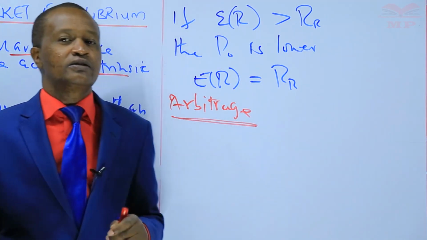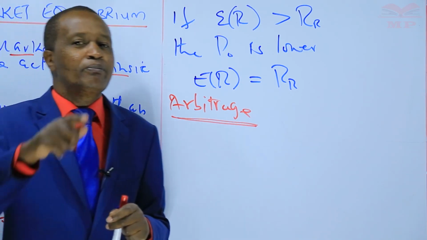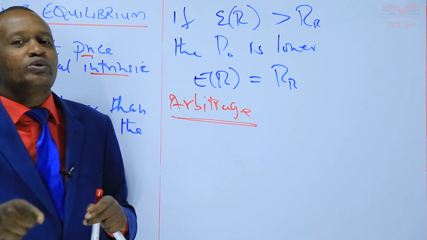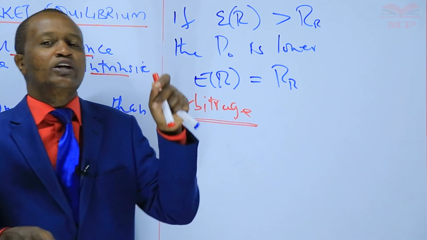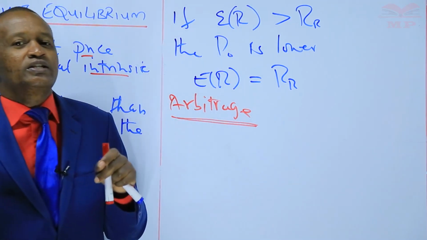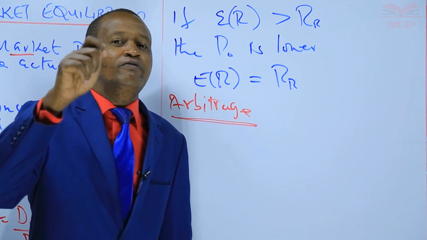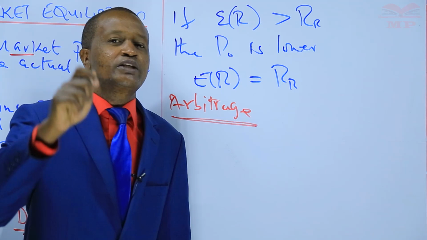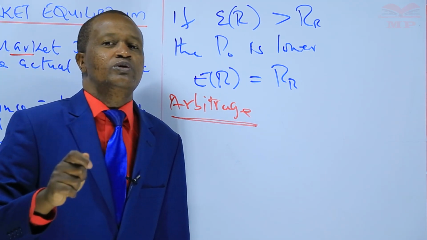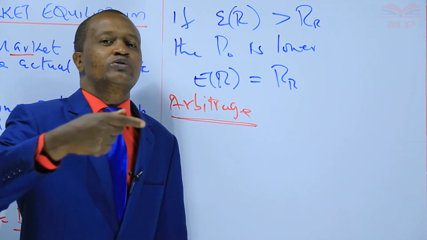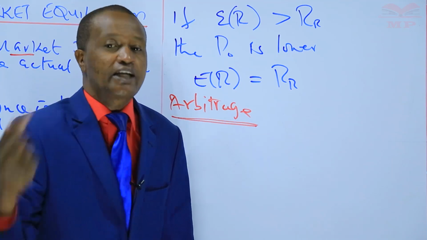Is that clear, candidates? The basic idea that a market in equilibrium cannot offer arbitrage opportunities results in a very important principle which characterizes the evaluation function of all markets.